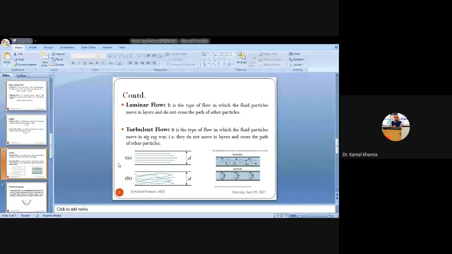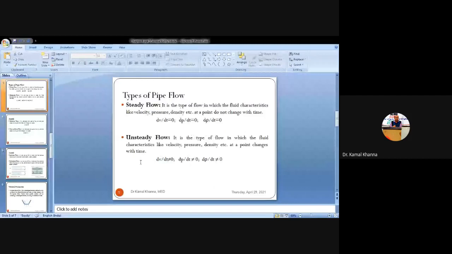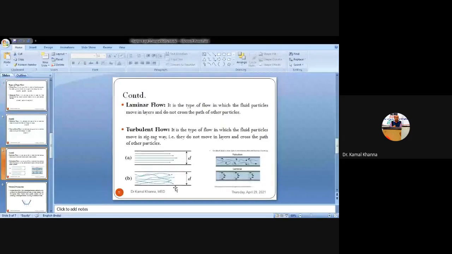And next is the turbulent flow. This is the type of flow in which the fluid particles move in a zigzag type. You can see the layers are colliding with each other. They are crossing each other. Their particles do not move in layers and cross the path of each other. Then that flow is called the zigzag flow or the turbulent flow. Whenever there is a storm in the sea or the canal, that flow becomes a turbulent flow.